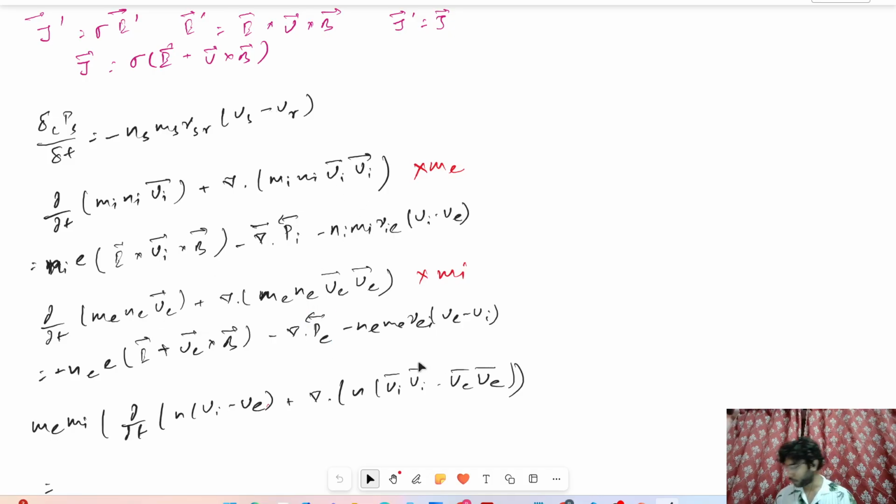So n is basically Ne and Ni. So we just assume that n equals Ne equals Ni, since the plasma is neutral, charge neutrality holds.